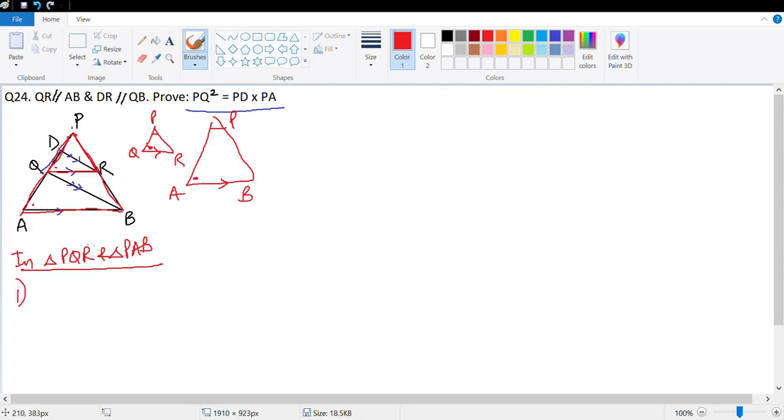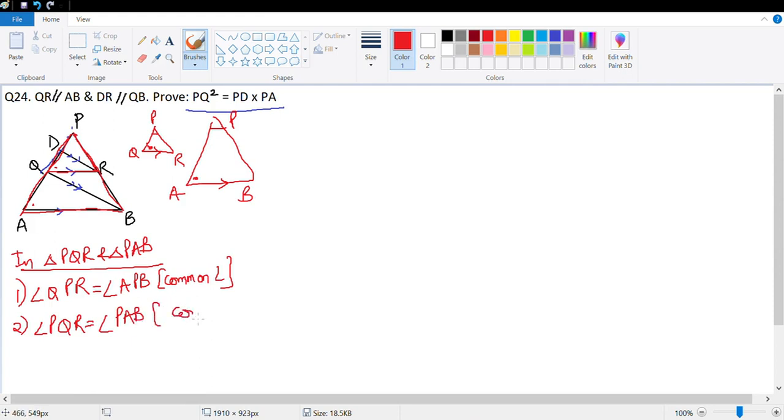At least this part, I don't know how it will help us. So angle QPR is equal to angle APB, common angle. Next part, angle PQR is equal to angle PAB.